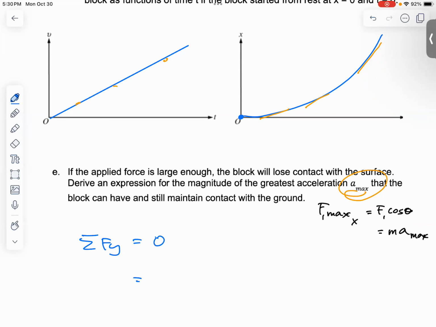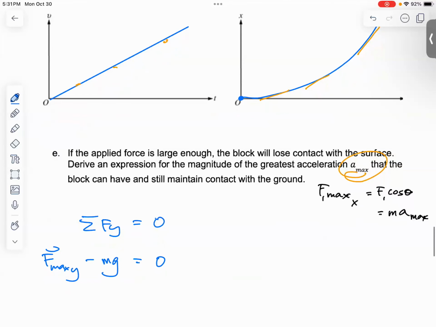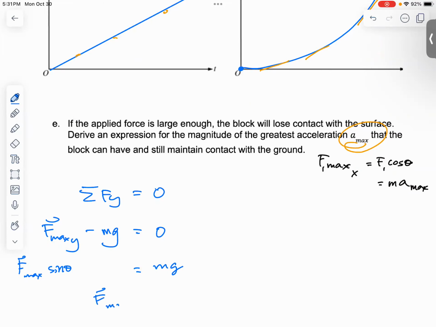So that means F max y, that would be the plus force minus mg is equal to 0. So F max in the y direction would be F max times sine theta. It's equal to mg. So F max is equal to mg divided by sine theta.